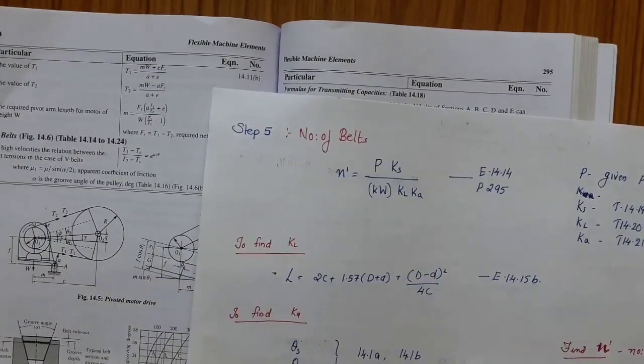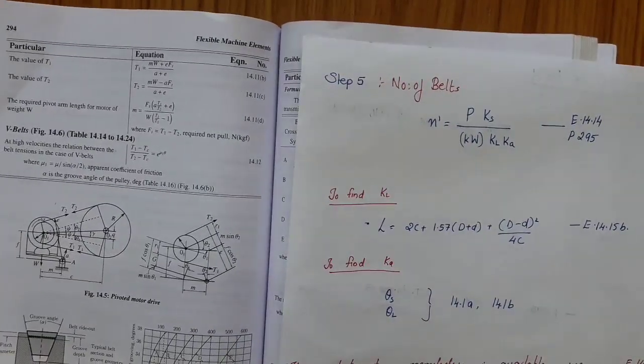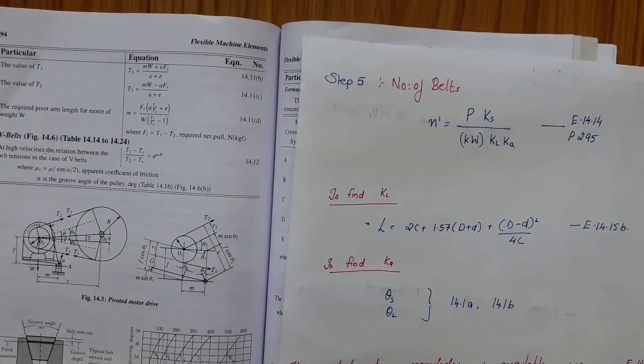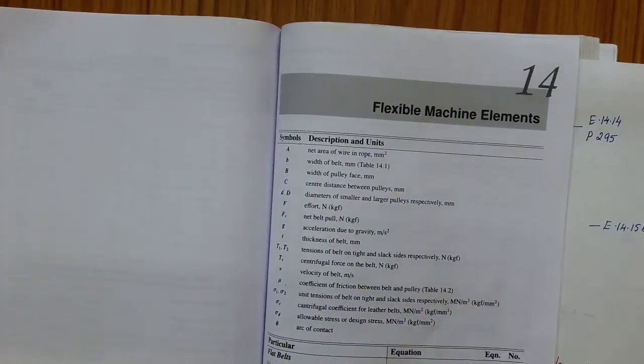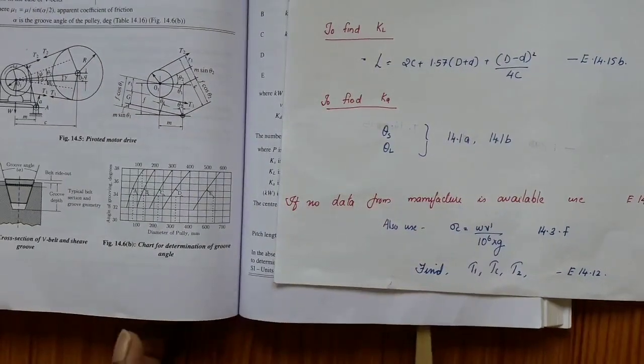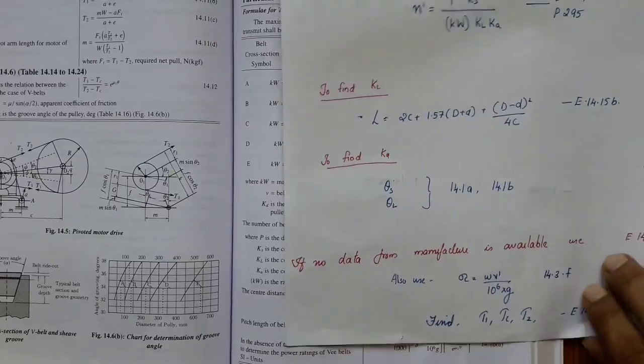We have to utilize the equations given for the flat belt to calculate the arc of contact for the V belt also. That is equation number 14.1a and 14.1b. 14.1a and 14.1b give you the theta for the smaller pulley and the larger pulley. So you can use either of those two equations to get the value of KA.